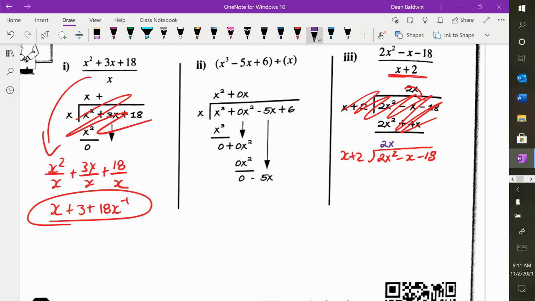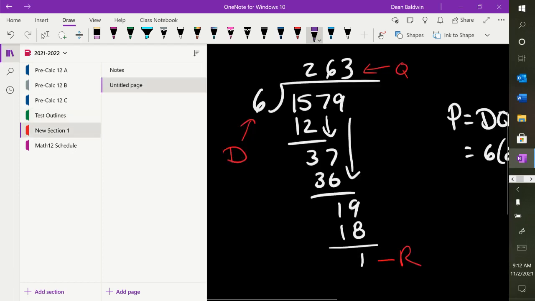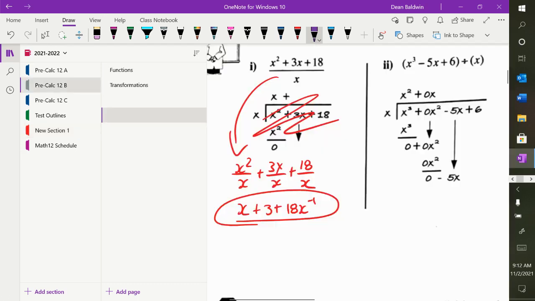And then you do what you did in long division. When we did this, once you ask yourself, what do I multiply 6 by to get 15 or close to 15? It was 2. And then once I got that number, I went 2 times 6 is 12. You do the same thing here.